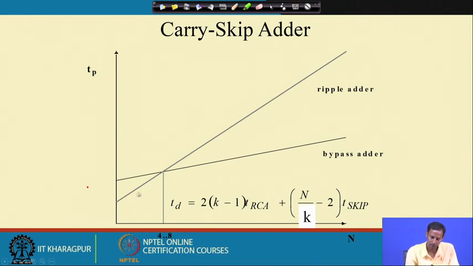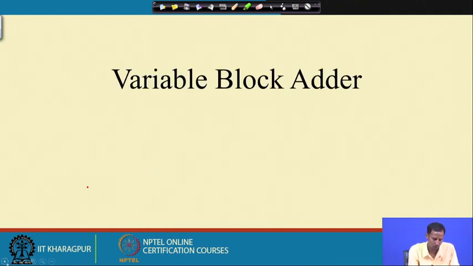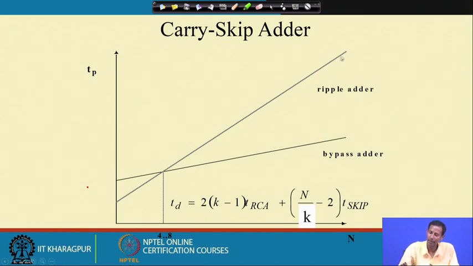Whenever we increase the number of stages, the critical path also increases linearly.